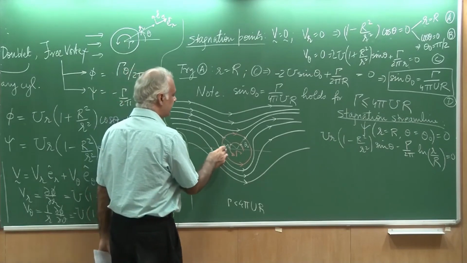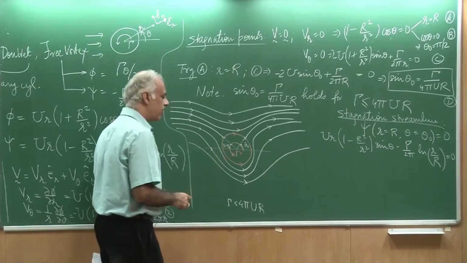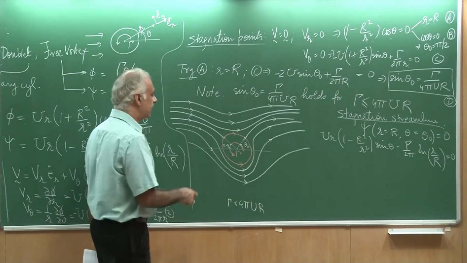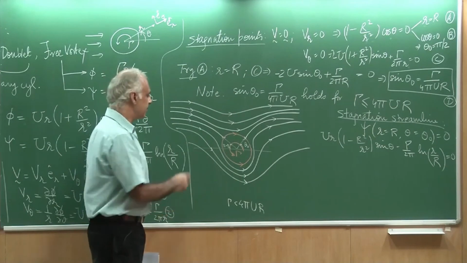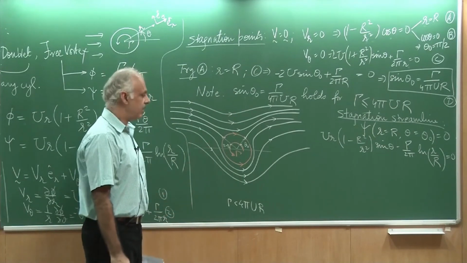And you can see now the flow has actually lost the symmetry. So I am still maintaining symmetry about the y-axis, but I have lost symmetry about the x-axis.